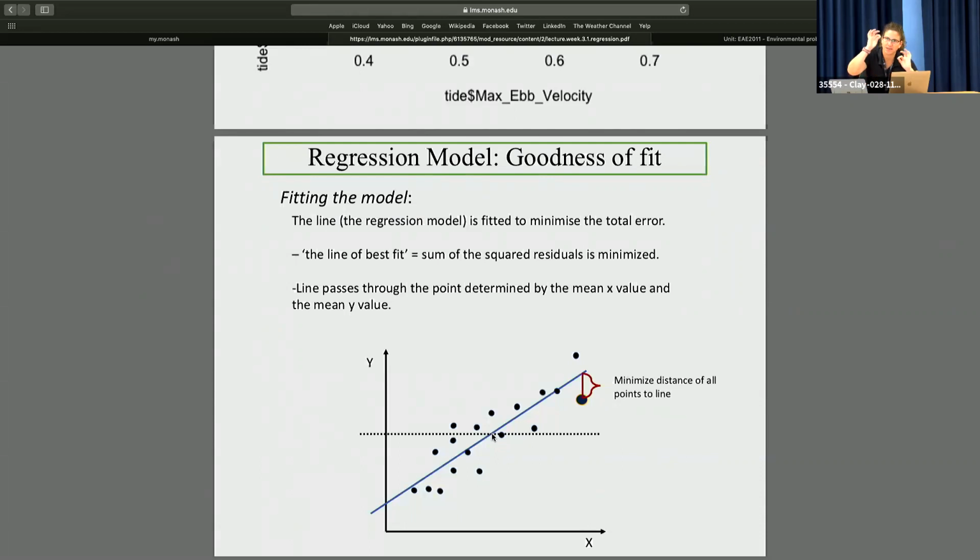And from that point, now I'm just tinkering with the slope and with the intercept. I can move it up and down, or I can kind of turn it around. I do that because what I'm trying to do is get these residuals, these distances between the points and my model, to be minimal. So I play until the sum of all these differences is the lowest it can be.